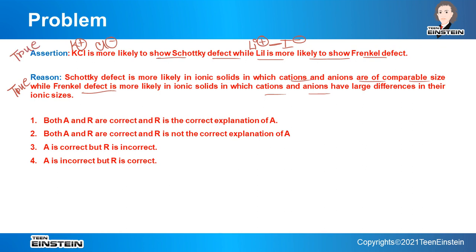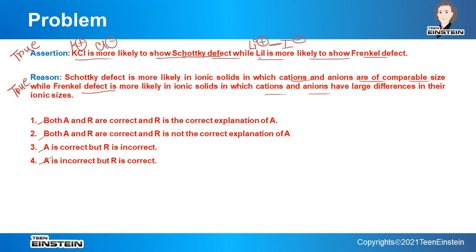In assertion and reason type questions, we normally have these four statements. Here the assertion is true, the reason is also true, and the reason is the correct explanation of the assertion, because the actual reason why KCl shows Schottky defect is that its cation and anion sizes are almost the same.